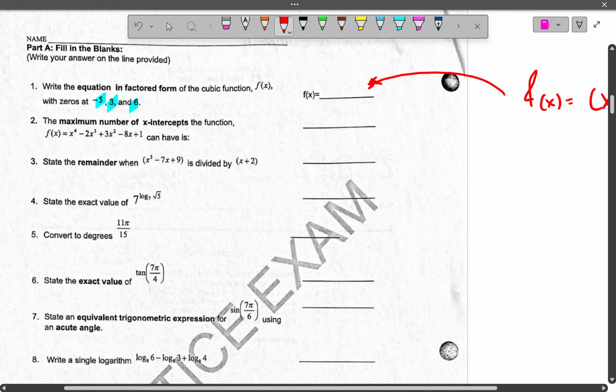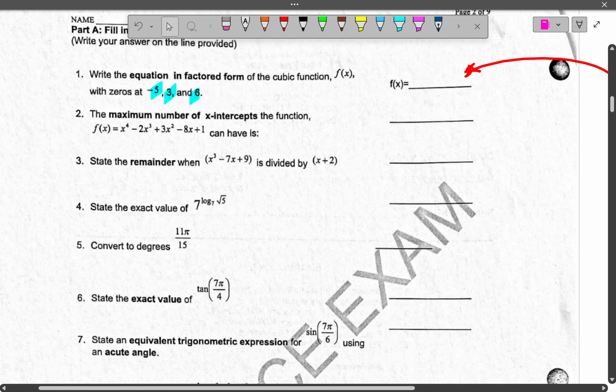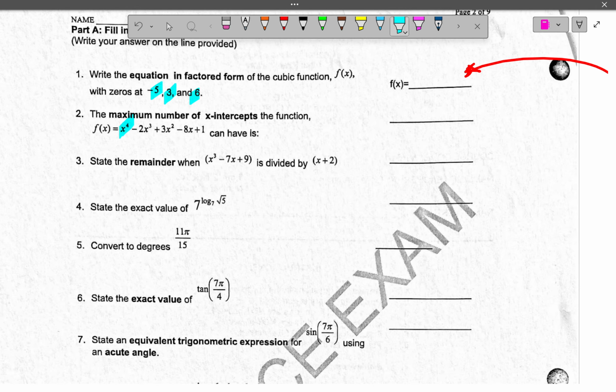Question 2 asks the maximum number of x-intercepts that this function can have. This may look rather complicated, but it's not that bad. What we're doing here is looking at the highest degree of this polynomial, which is a 4 here.